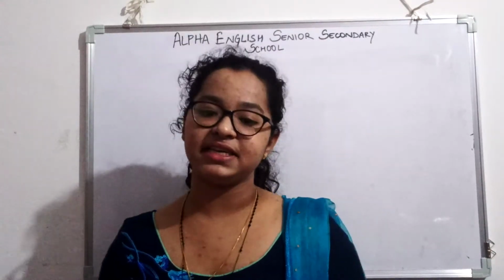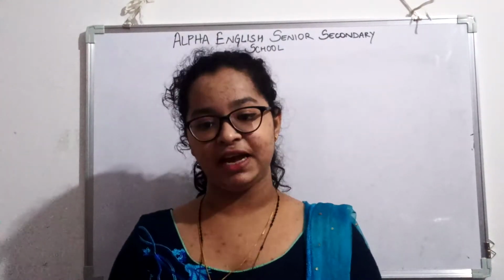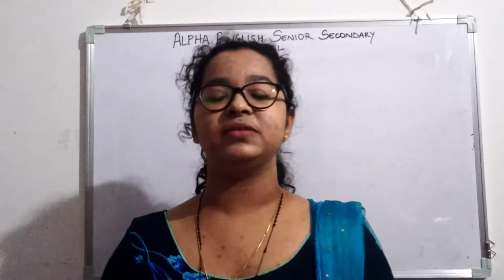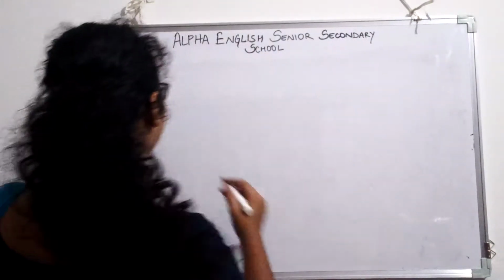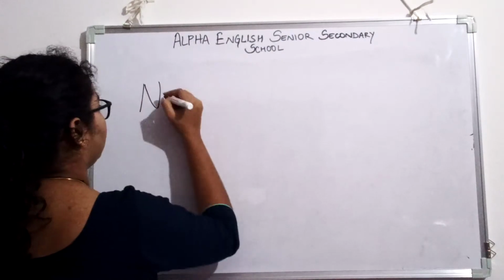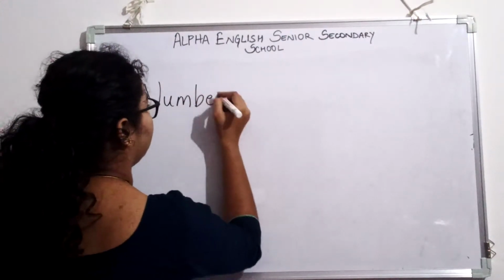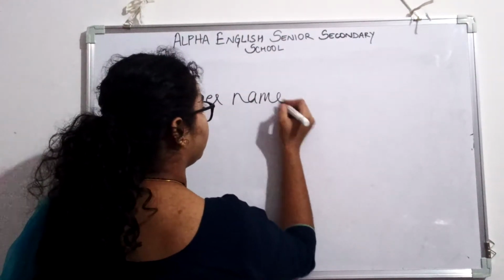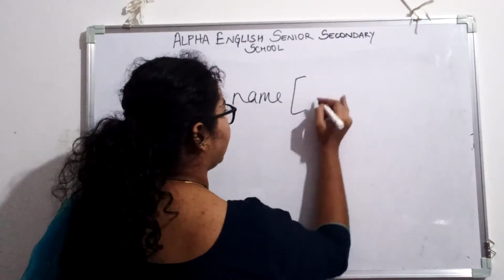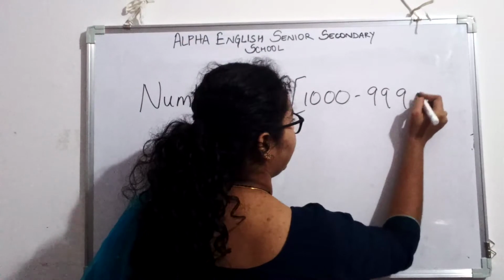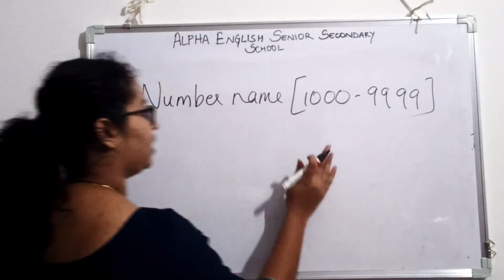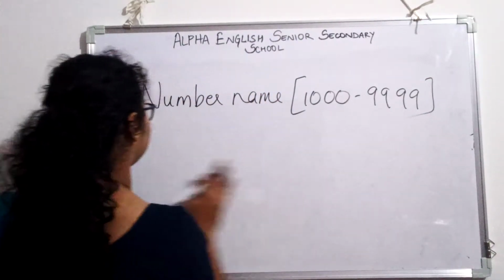In the previous lecture we learned about place value, expanded form, standard form, greater than, smaller than, and equals to. Today we are going to learn about number names for 4-digit numbers, that means 1000 to 9999.